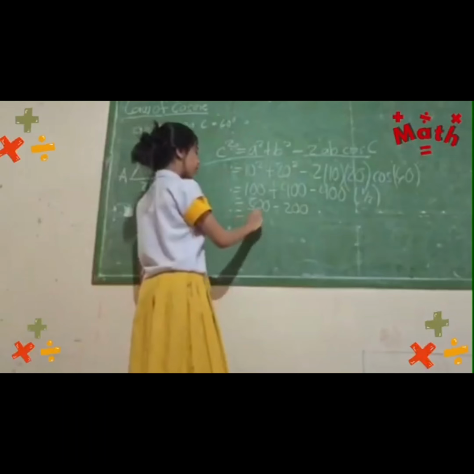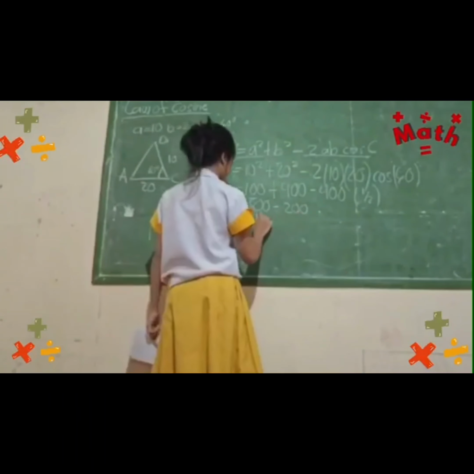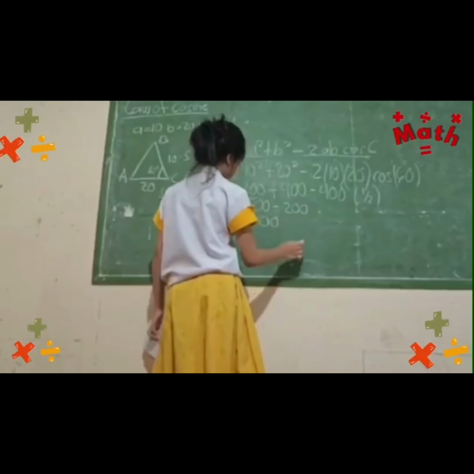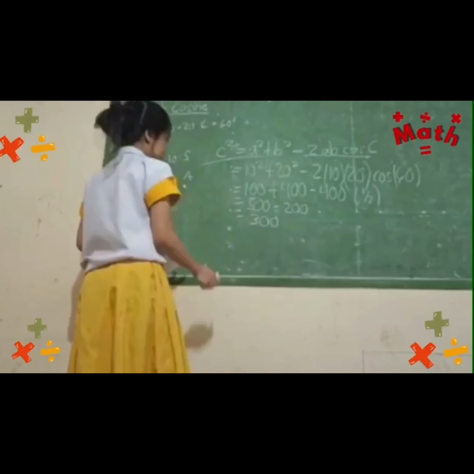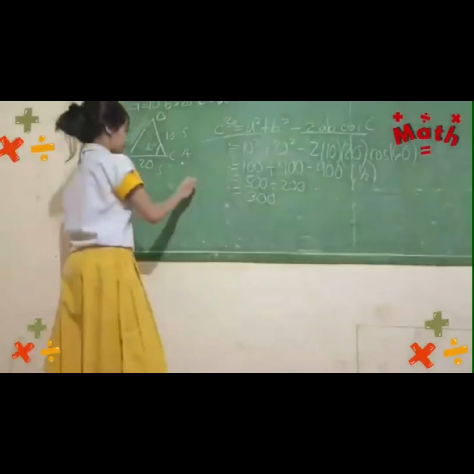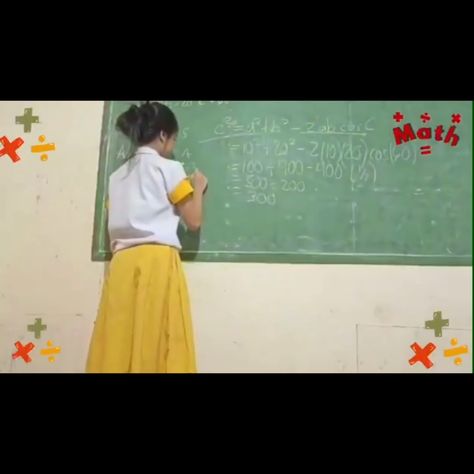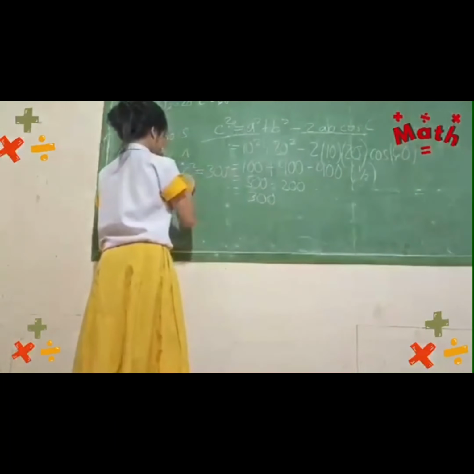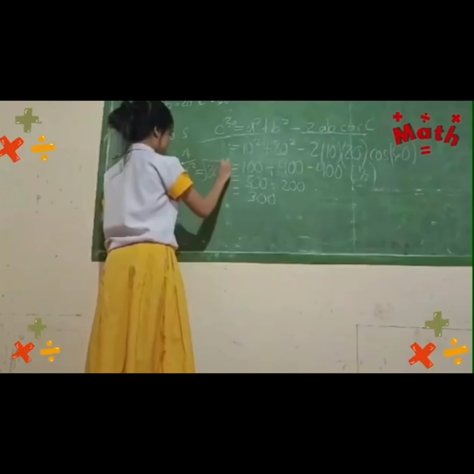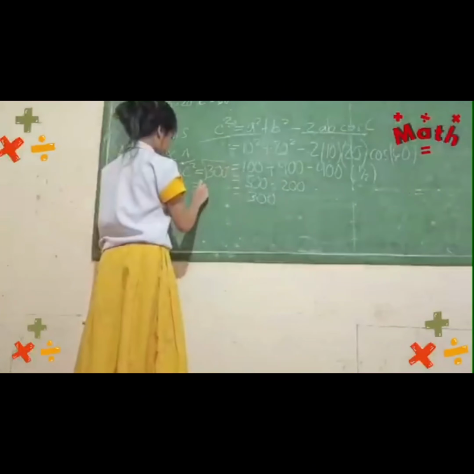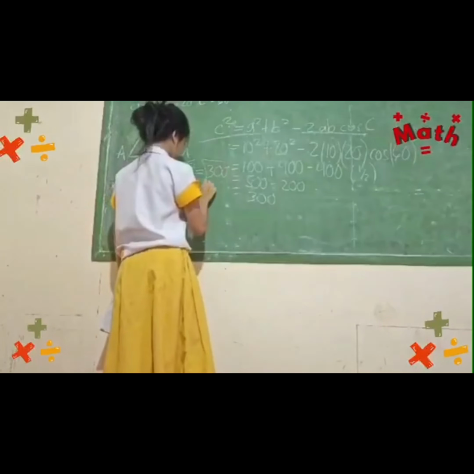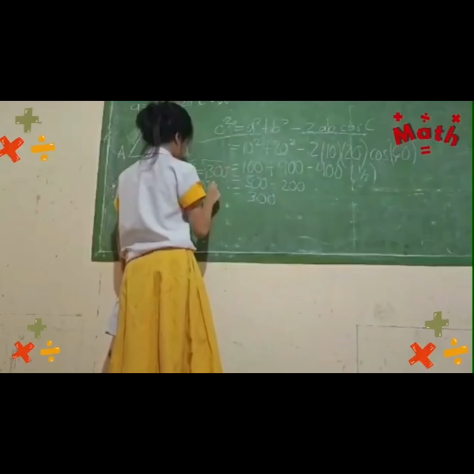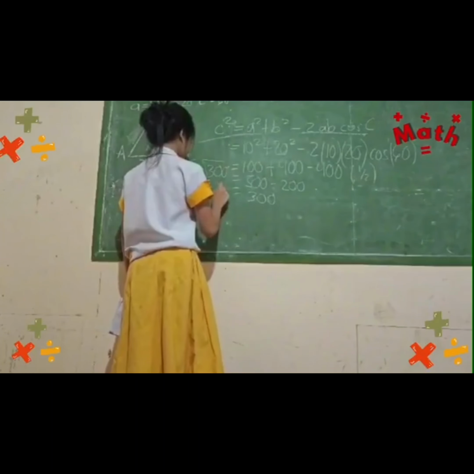So 500 minus 200 is 300. Therefore, C squared is equal to 300, and the square root of 300 gives C equals 17.32.